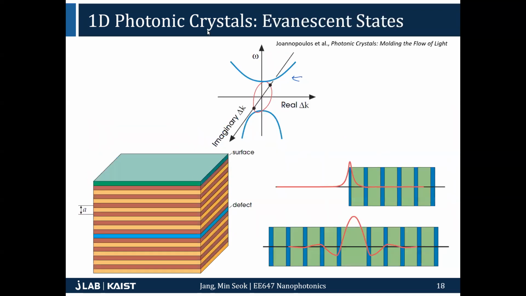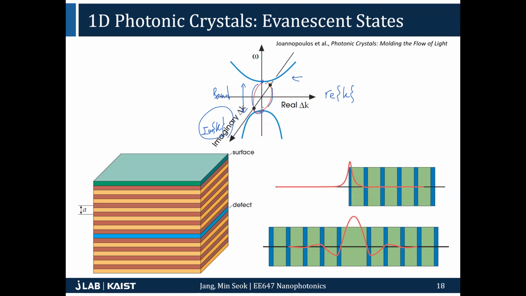And that is true, but that doesn't necessarily mean that there's absolutely nothing in between, in the band gap. So in the band gap, if you draw the dispersion relation, not only on the real k-axis, but also on the imaginary k-axis, then you will realize that there actually is some state, but in here, your k vector is purely imaginary.